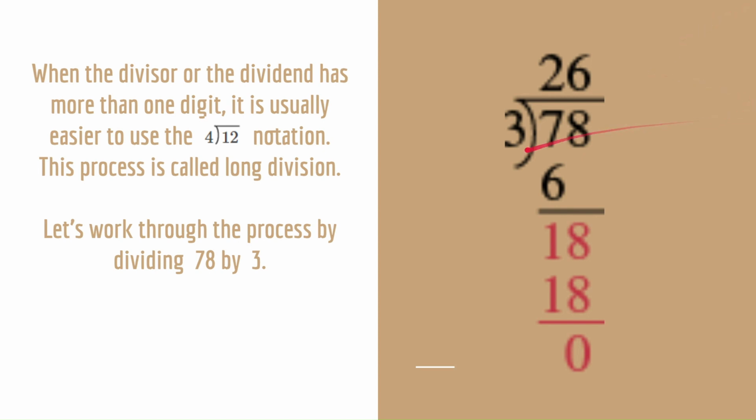To divide 7, we know the biggest number will be 2, because 3 times 2 equals 6, and then 7 minus 6 is 1. And you cannot divide 1 by 3, so you bring down the 8. And we know that 3 times 6 equals 18. So the answer of 78 divided by 3 is 26.